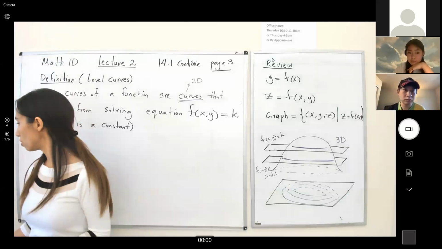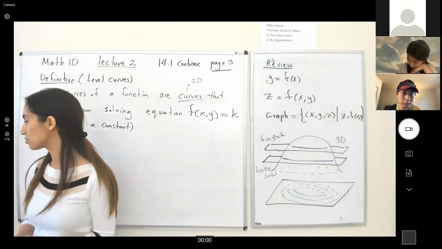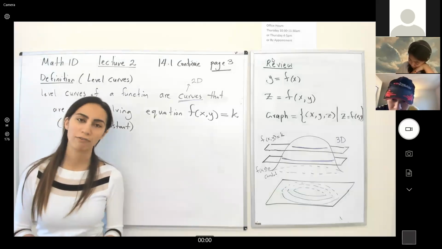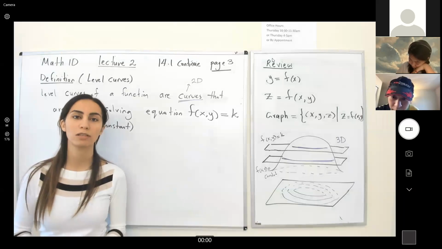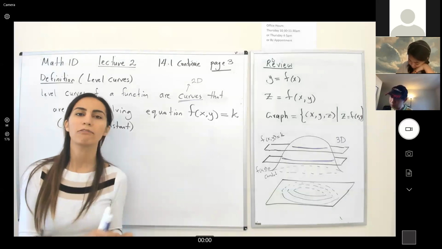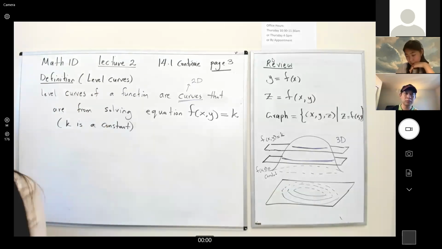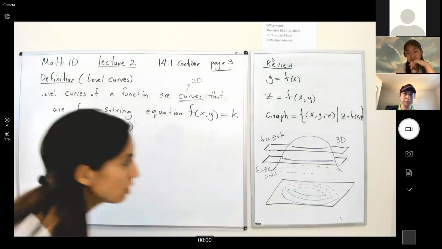Very well, so we are still on page 3, and we have an example. This example says you have a function and your goal is to find some level curves of that function. Let us start. So let me erase this portion.